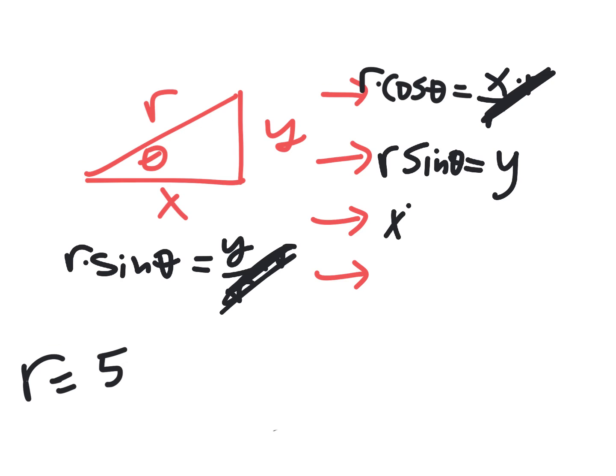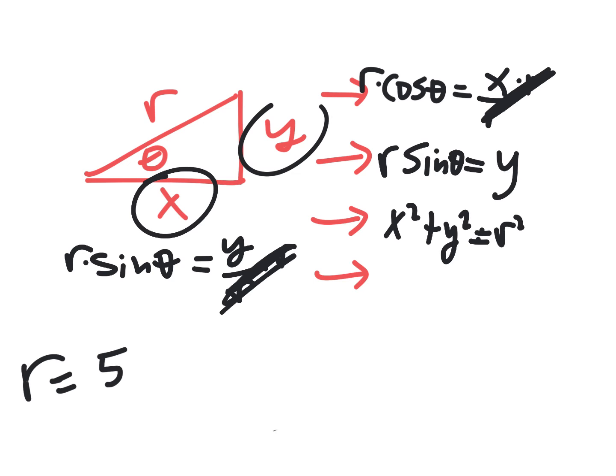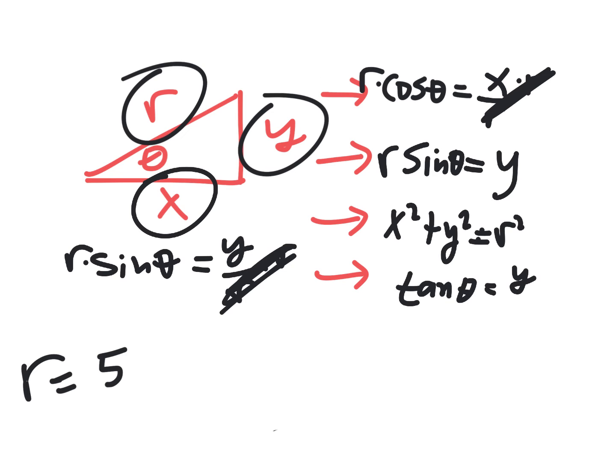Next is x squared plus y squared equals r squared. That is a Pythagorean. This is a right triangle, so that must be true. X squared plus y squared equals r squared. And last but not least is tangent. Hopefully you remember it's y over x because it's sine over cosine.